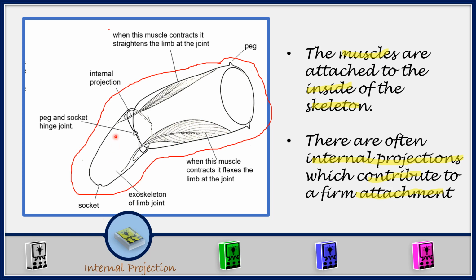Those are the projections that we are talking about. There is a projection up here, attaching on this muscle, which is attached on the exoskeleton. Then there is another internal projection here, attached to this muscle, and this muscle is attached on the exoskeleton.